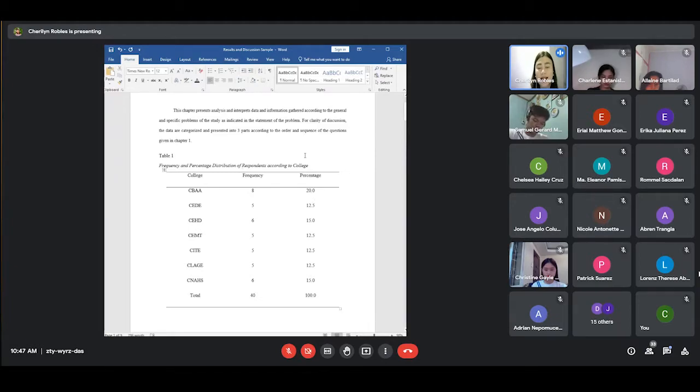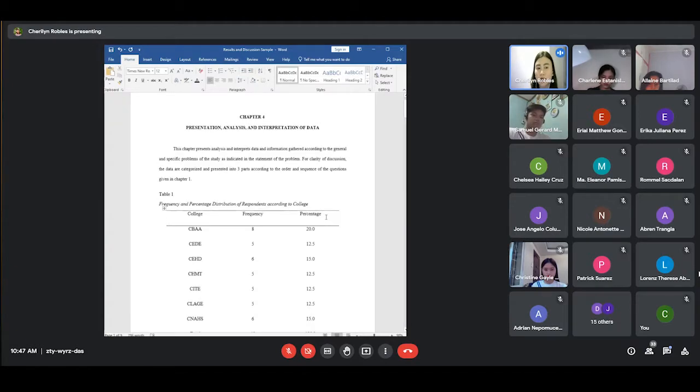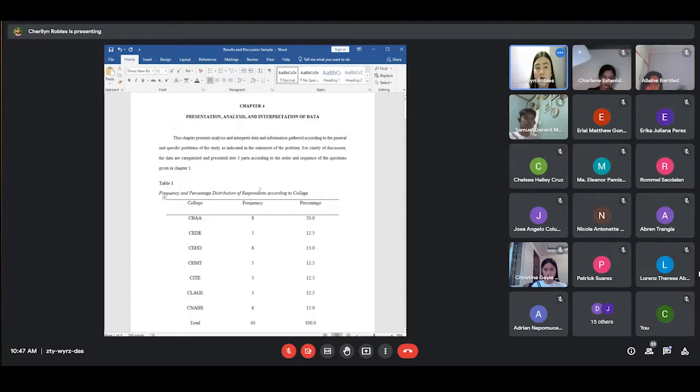And if you are conducting experimental research design wherein you don't have respondents, of course, you will not do this because you don't have respondents. Is that clear? Okay, so that's the first table.